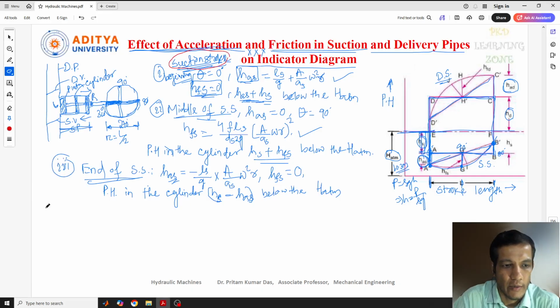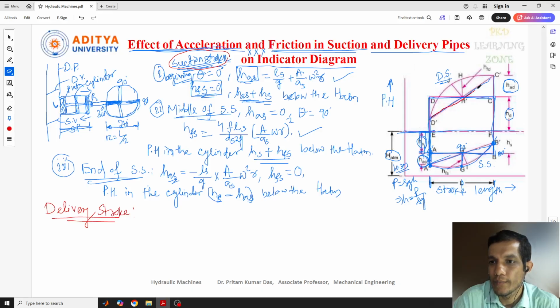Now we'll see about the delivery stroke. In a similar manner, we can write about the delivery stroke. At this point, once the suction stroke is completed, it will be back to the delivery stroke. So this is our delivery head, and this is the pressure head due to the acceleration at the delivery pipe.